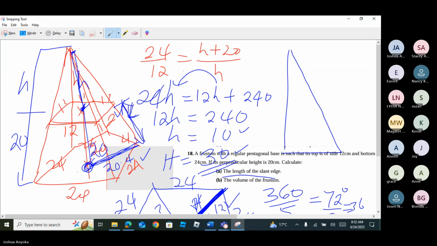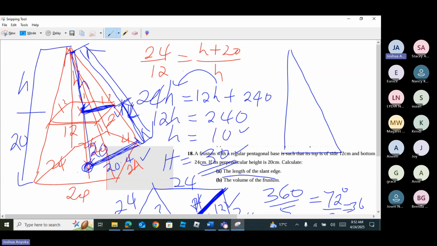For us to find the slant edge, we need the 20.4 so that we find all of this one, and then we use similarity, enlargement or whatever, to find the slant edge of the frustum.